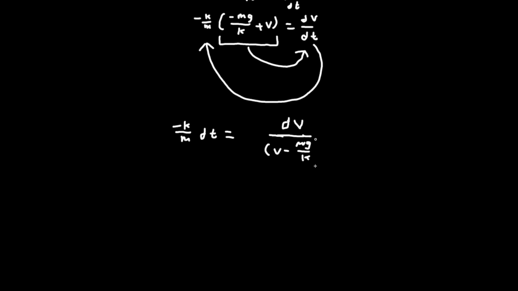All right, so now we have our expression like this. We are actually ready to integrate both sides because we have separated the variables successfully. We have the velocity term with the dv, and then we actually don't have a time term, but that doesn't matter because this is just a constant.